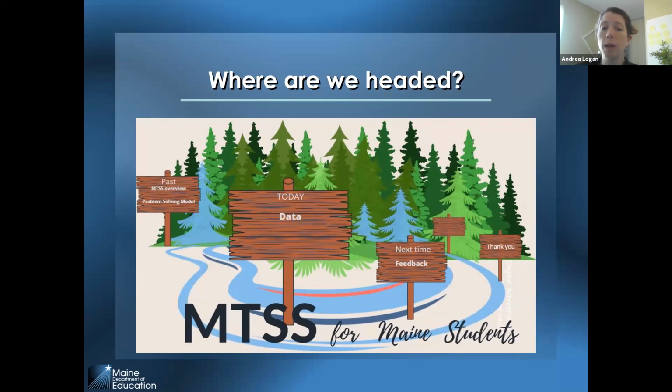Today, we're going to talk a little bit about data and some data strengths, data pitfalls, as well as some other ways that we need to be considering data as we move through a multi-tiered system of support. And then session 4 is feedback. So relevant and timely feedback and how to use feedback in a multi-tiered system of support.